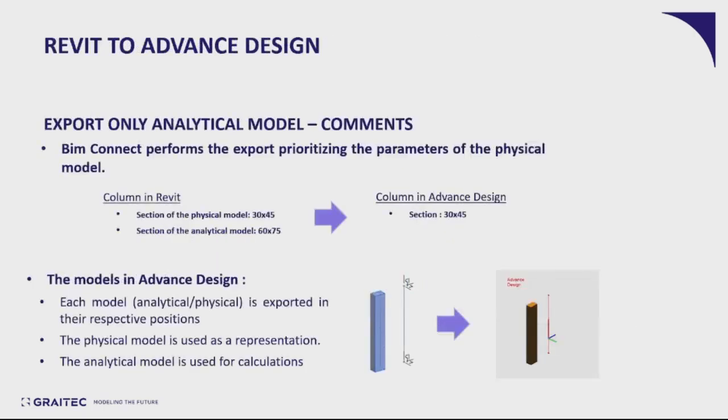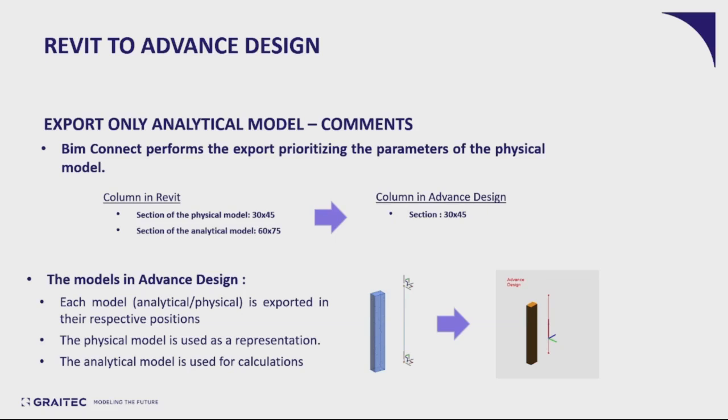A few quick comments about the workflow between Revit and Advanced Design. Focusing on the first part, from Revit to Advanced Design, the BIM Connect performs the export prioritizing the parameters of the physical model.